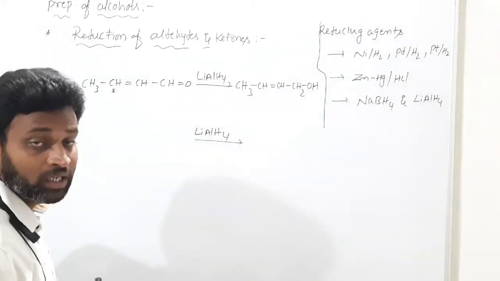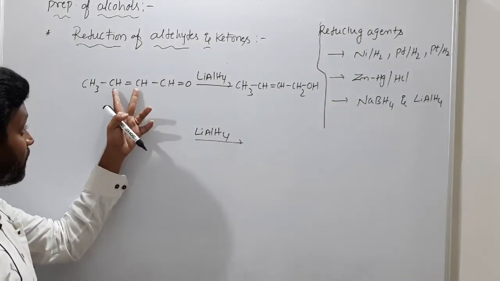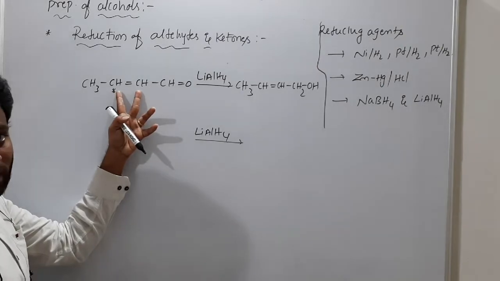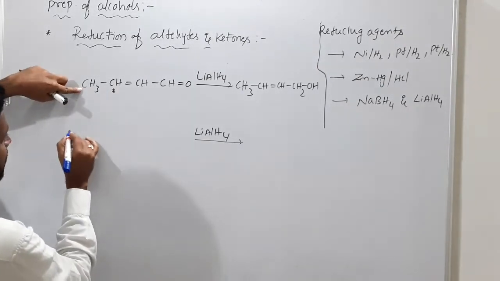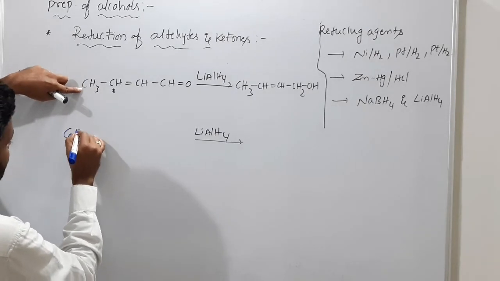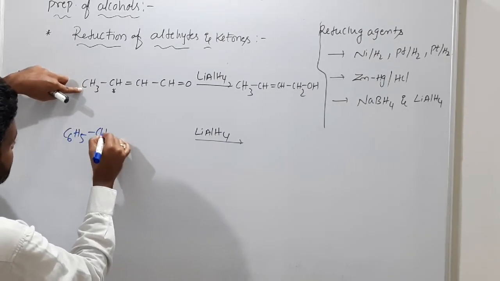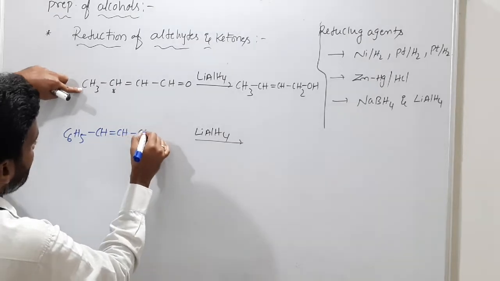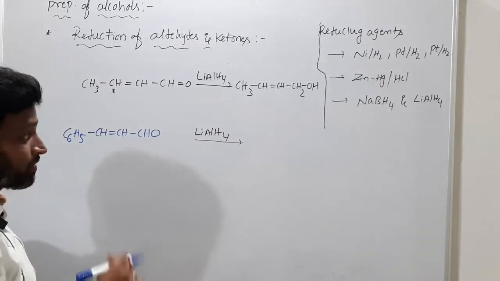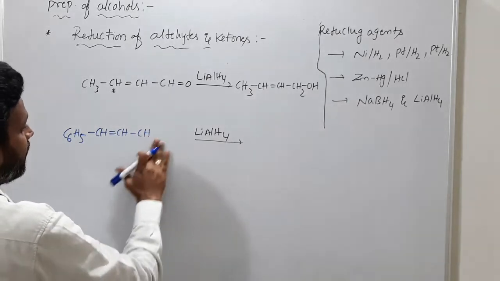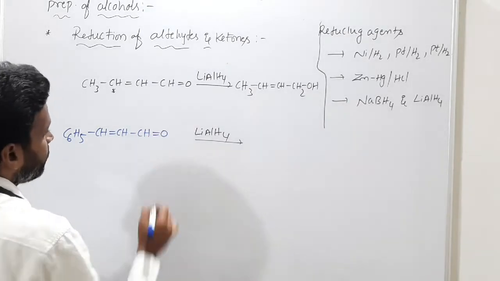What is the condition? The double bonded carbons, the alkene or alkyne, must have a phenyl group. That means instead of methyl, I will write C6H5, CH double bond CH and CHO, I can write actually. But for your clear understanding, I am just writing CH double bond O.